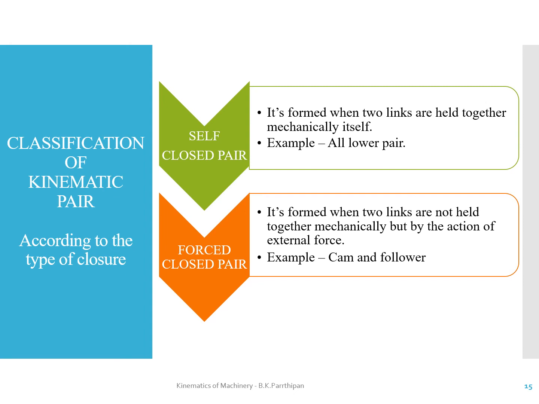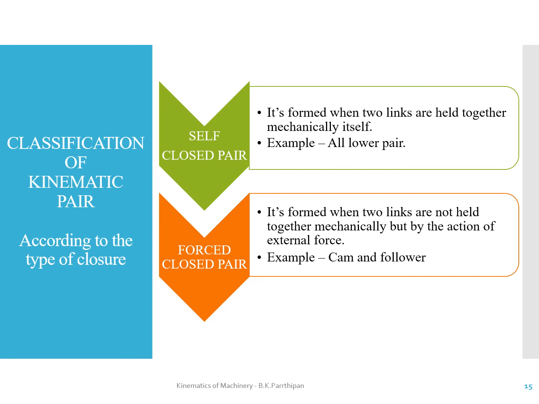All lower pairs are examples of self-closed pairs. In a forced closed pair, the links have to be held mechanically by some other action or external force. A forced closed pair is also known as an unclosed pair, and the example is cam and follower.